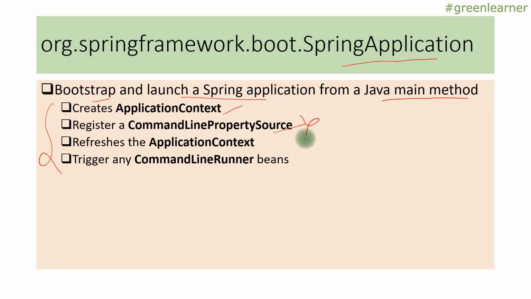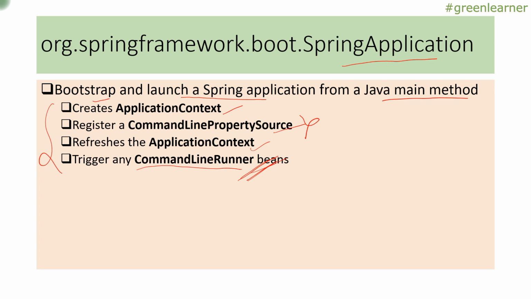Then it refreshes the application context if needed, and it triggers any CommandLineRunner beans. This is an interface that you can implement with the beans you create in your application. In what scenarios you need this CommandLineRunner, I'm going to explain in a separate video. For now, just think that for any bean you have registered, there is a run method to be implemented, and it gets triggered when the bean creation is complete.